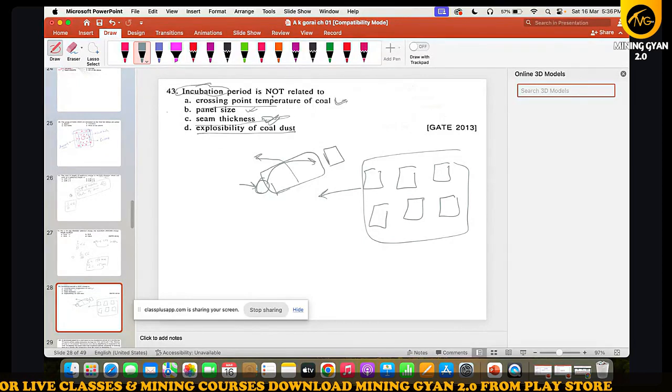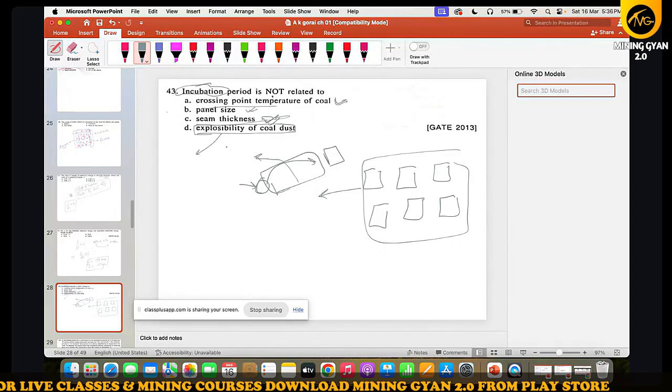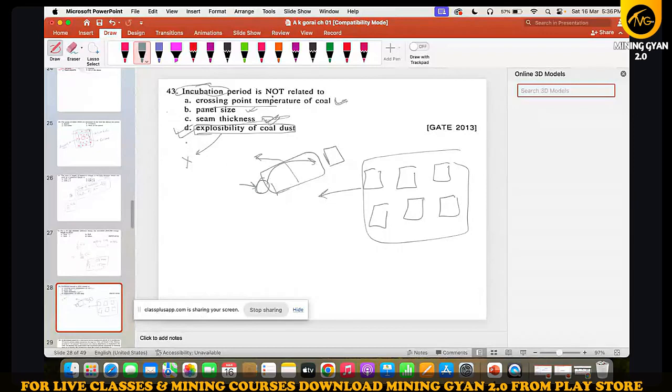So which will not affect it? Explosibility of coal dust will not affect it. So it will be our answer.